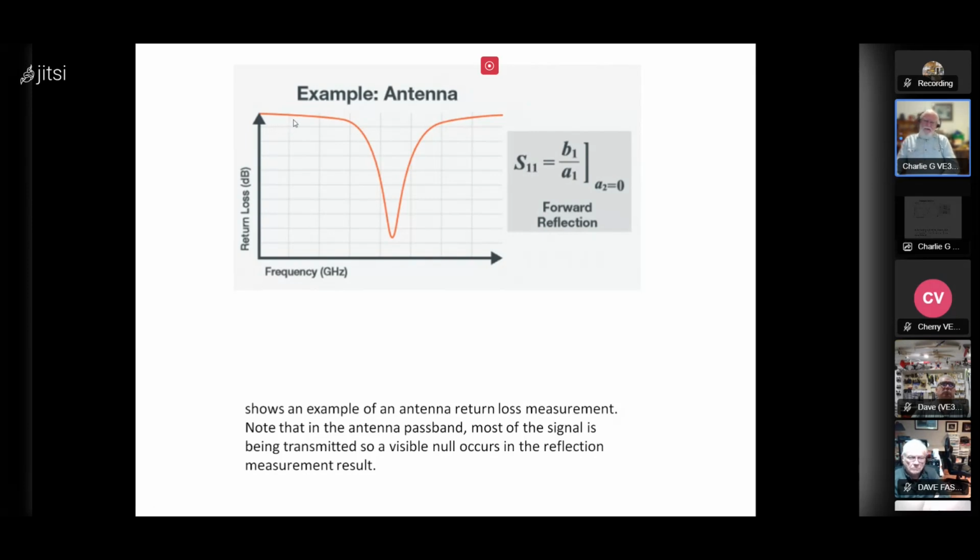As the power gets transferred to the antenna, less and less of it gets reflected, so that at the resonant frequency of the antenna, you'll get a minimum reflection coming back, whether you're looking at the transmitter or using the VNA with a signal source and looking at the reflected power in this particular diagram. So you'll get essentially a null at the resonant frequency of the antenna.